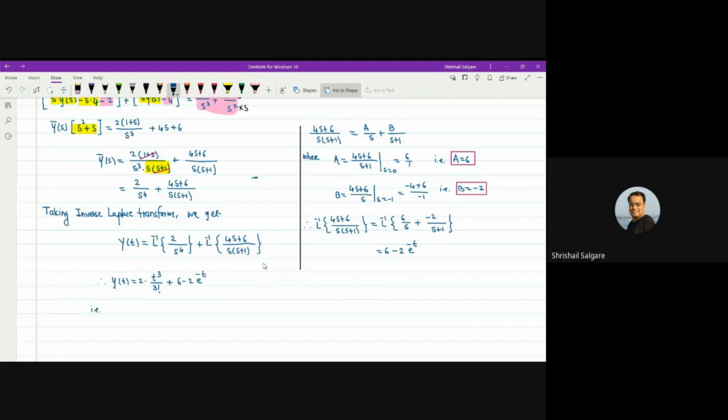That is, y of t is given by t cube divided by 3 plus 6 minus 2 into e to the power minus t. This is the final answer. Just check.